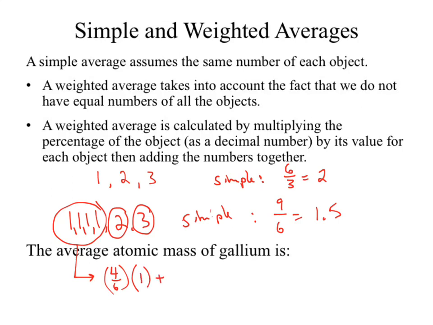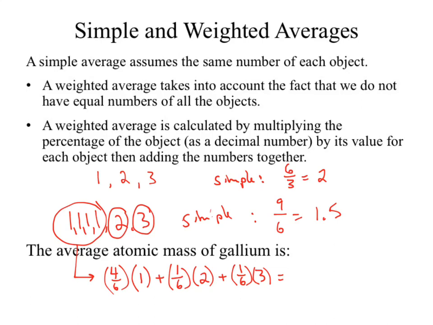Plus, how many times did 2 show up? 1 out of 6 times, times the value, 2. Plus, how many times did 3 show up? 1 out of 6 times, times our 3. And if we go through and do this, give me a second, you will get the exact same answer.